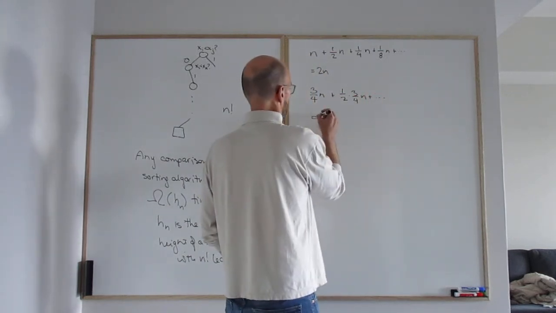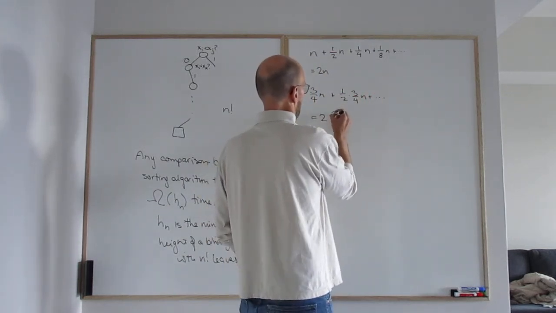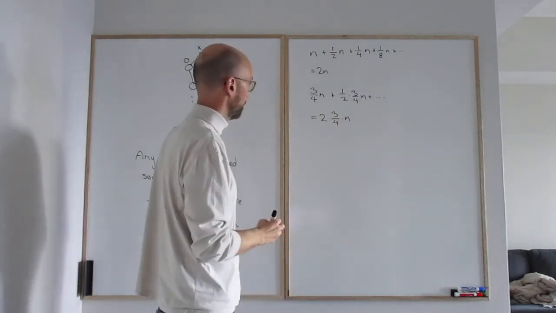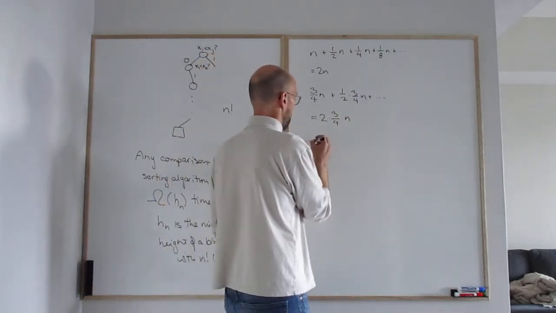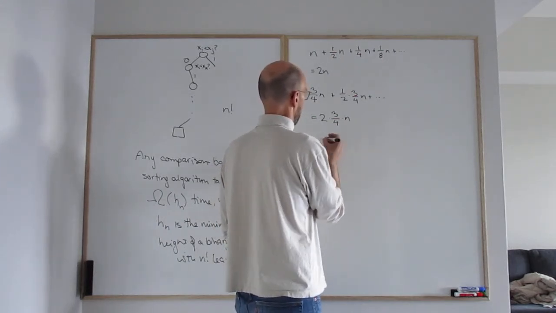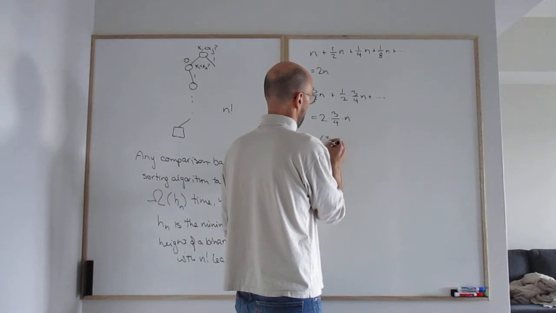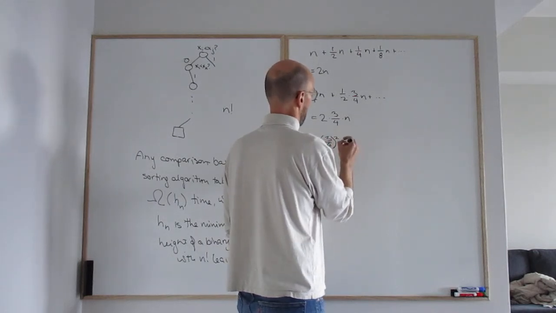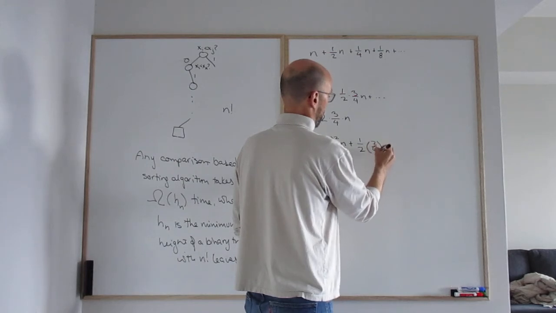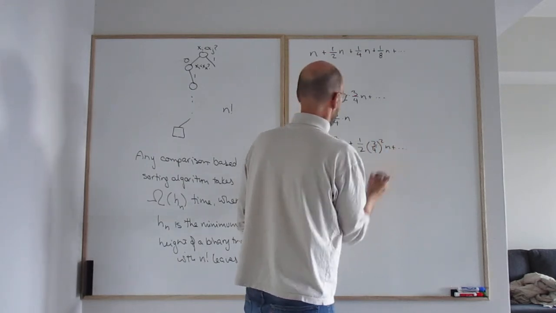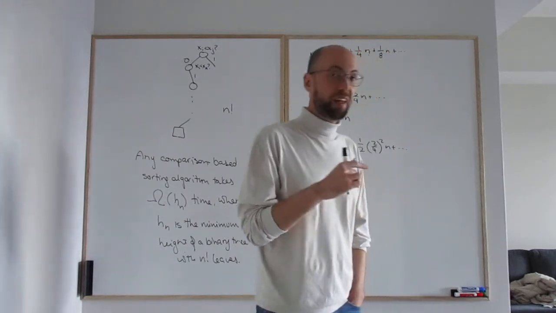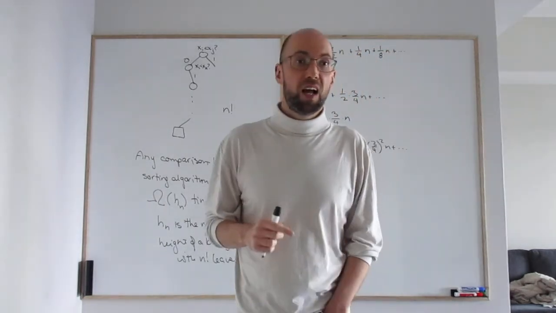So this is going to give me 2 times 3/4 n. And then at the third level, it's going to be 3/4 squared n plus 1/2 times 3/4 squared n plus, and so on. So at each level, that's how much work I'm going to do.